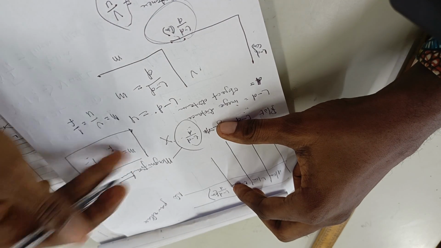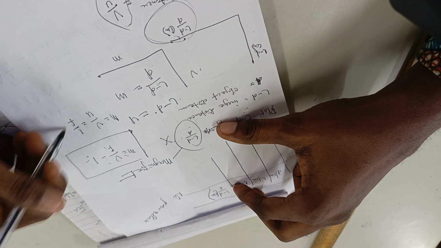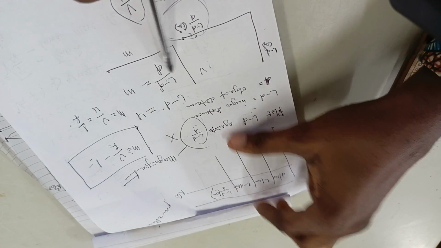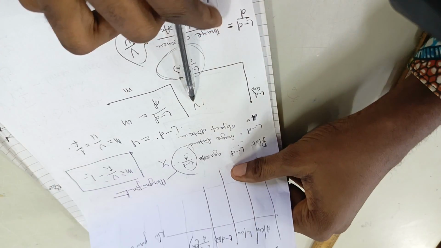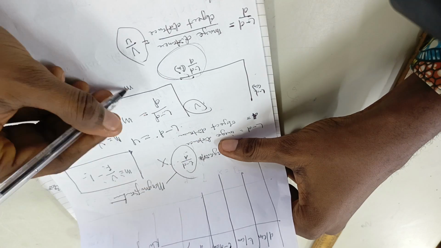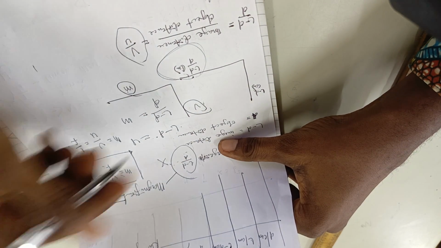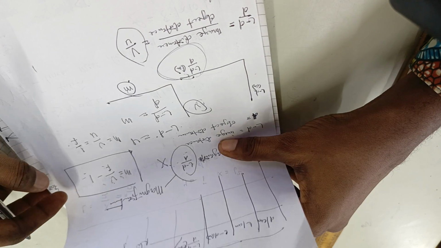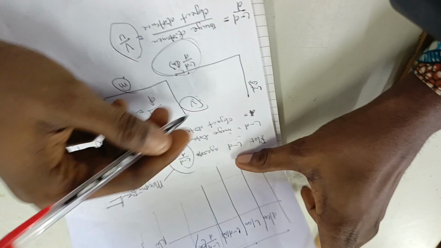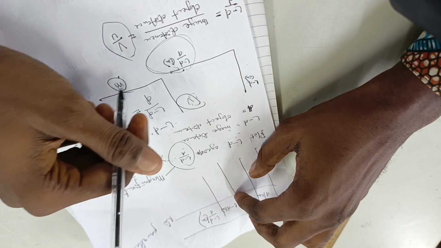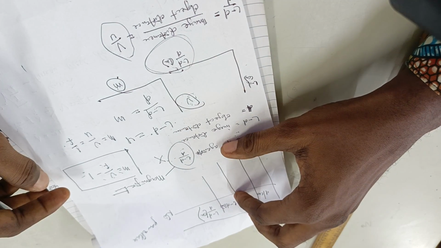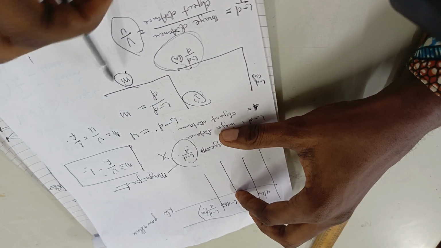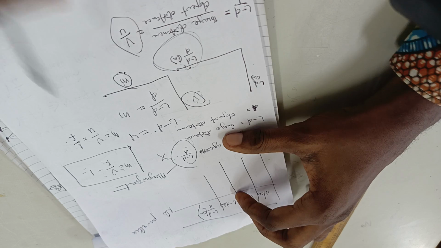So magnification is also equal to 1 on F, right? Now, what we did here, we said we are plotting this and this as ordinate, V, which is the image distance, as ordinate, and magnification as the abscissa.